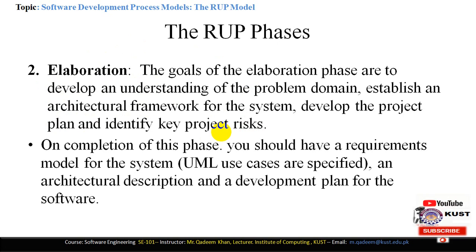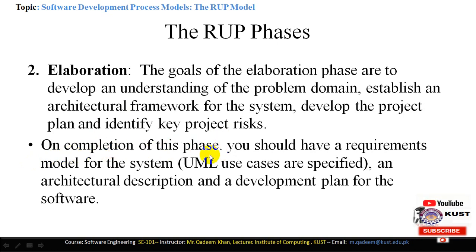The risks are those factors which can affect the project seriously. If these risks occur, then the project may also fail. Sometimes the risks may not be very serious and may be resolved, and in fact we can neglect them.